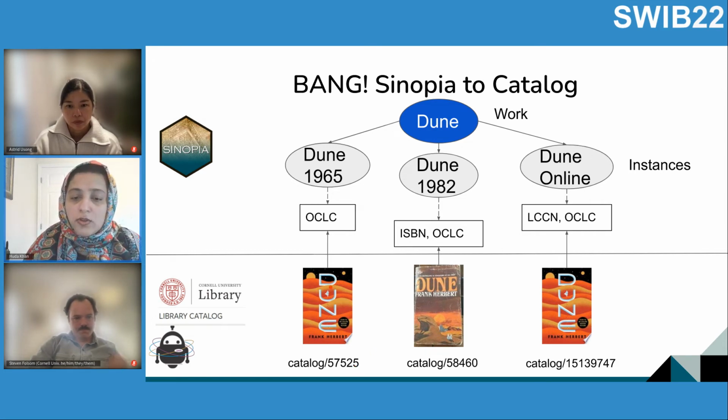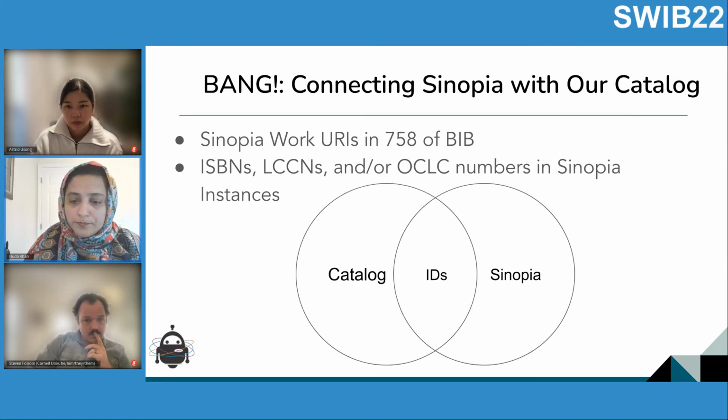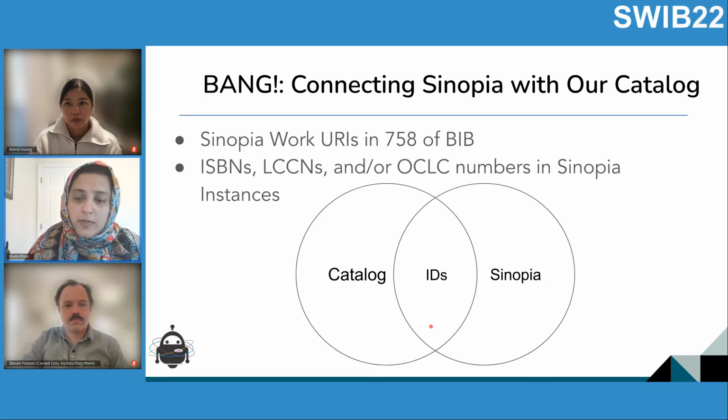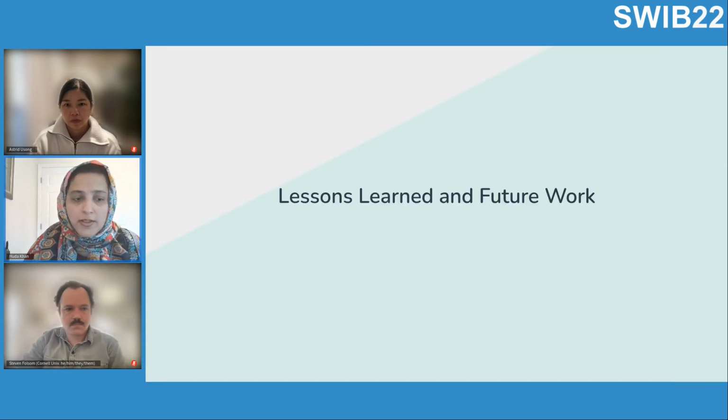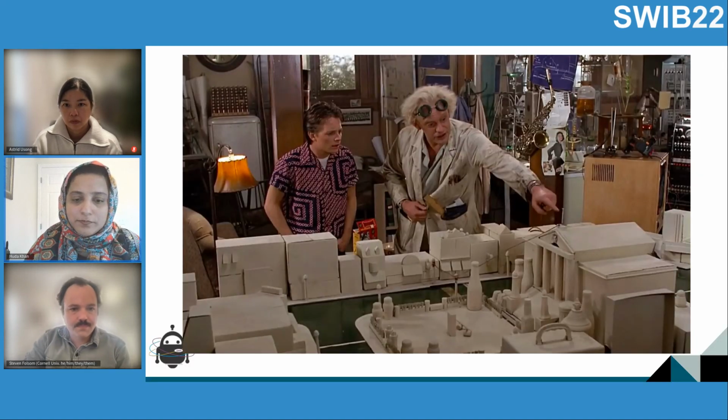And if you're in the catalog, how do you know which work you're related to? We use the work URIs from Sinopia and put them in the MARC itself, and then have the page go out using the Sinopia API, query the information, and bring back those work-to-work relationships so we can then populate that prototype. I'm going to hand it off to Stephen now.